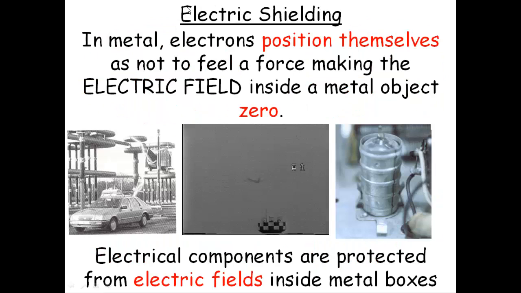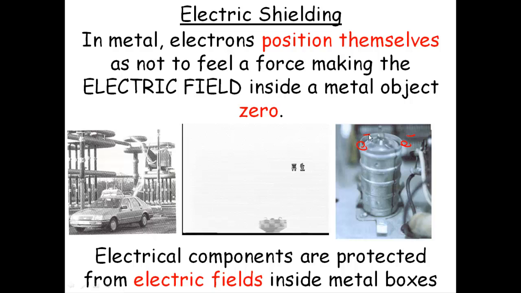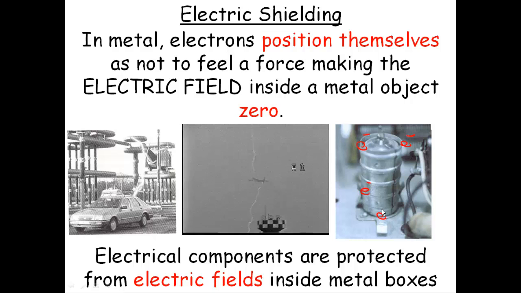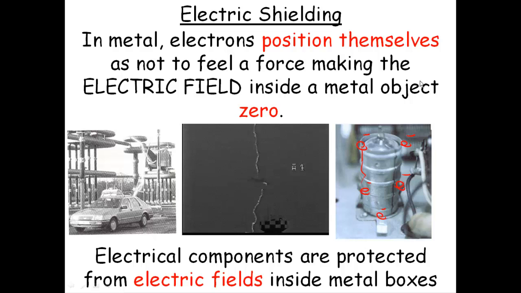Electric shielding we need to talk about. This plane and passenger, they're completely safe. It turns out the electrons want to arrange themselves so that they're as far away from each other as possible. So they tend to put themselves on the outside of objects rather than the inside because they'd be farther away, and they'll distribute themselves so their field lines cancel.